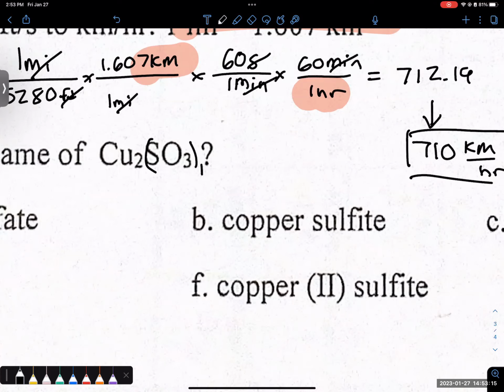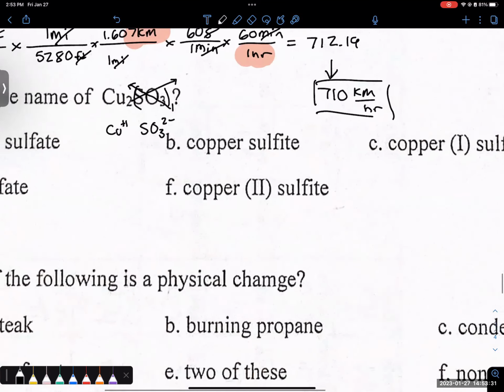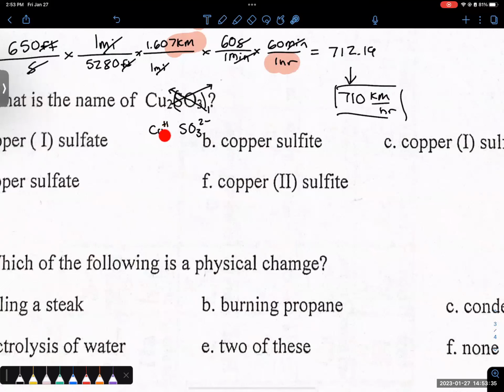On the other hand, this 2 can come up here, and this 1 can come over here. So you have Cu plus 1, SO3 2 minus. That tells us we have a +1 charge on copper, and then we need to know this polyatomic ion name.